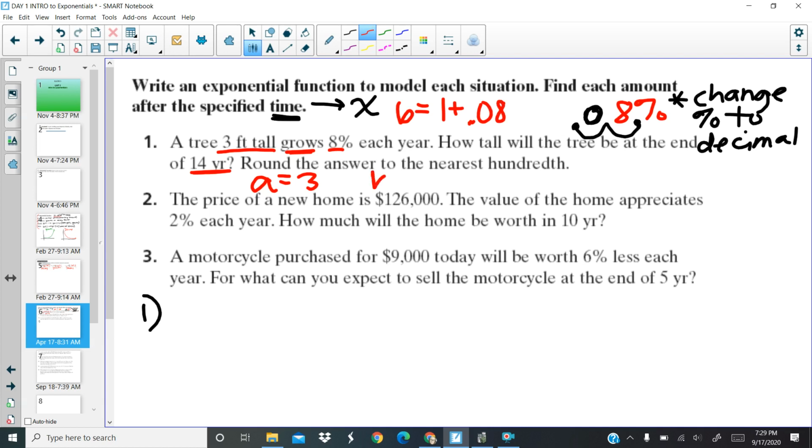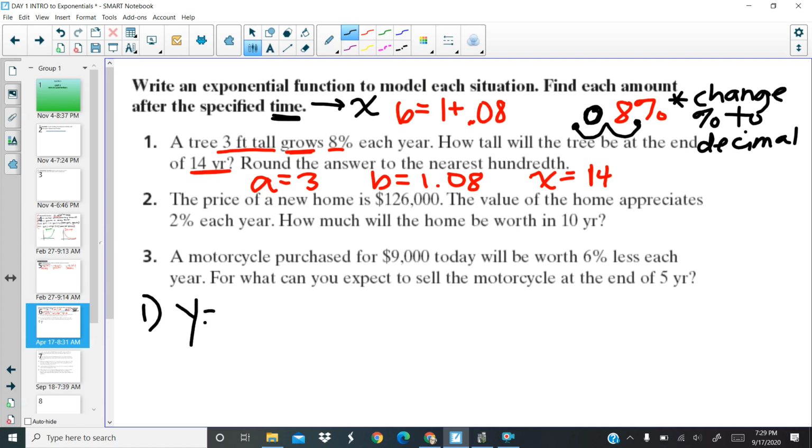So then I'm going to write that here. 1 plus 0.08 is just 1.08. And then the time is 14 years, so our X is 14. Coming down here to write it all together, first it just wants me to write an exponential function, so I'm not going to plug anything in for X yet.